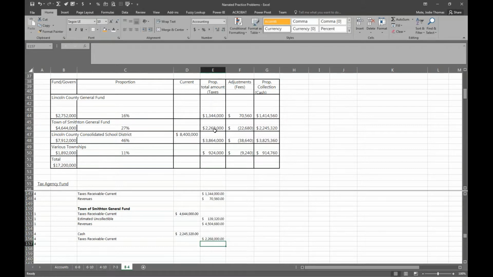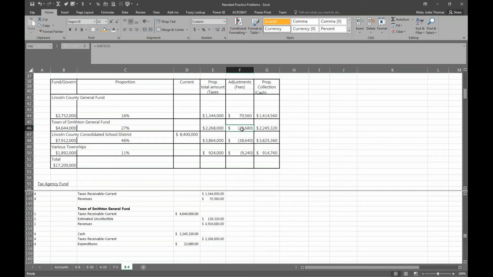We're doing the full receivable here, because that amount of our total receivable that we recorded up here is gone. It's considered paid, but we have to recognize the expenditure of the collection fees, which is going to be a debit of 22680 right there.